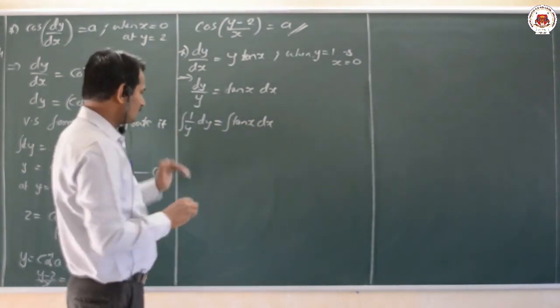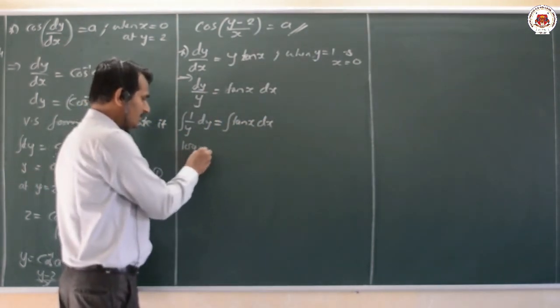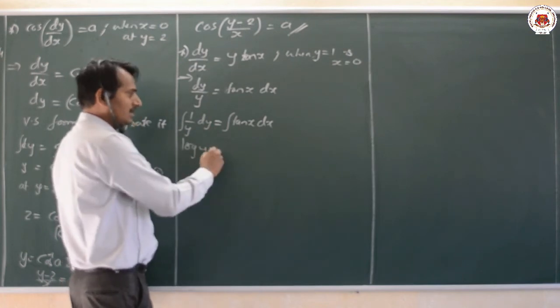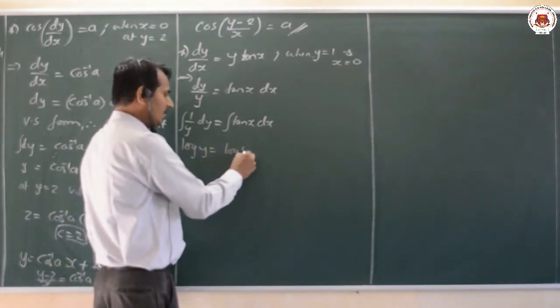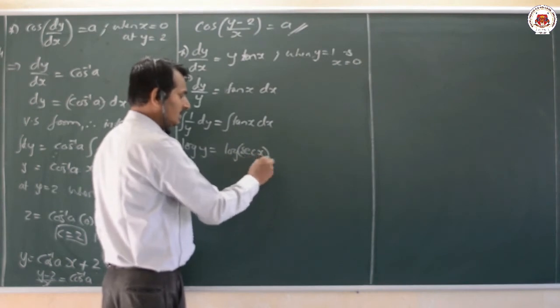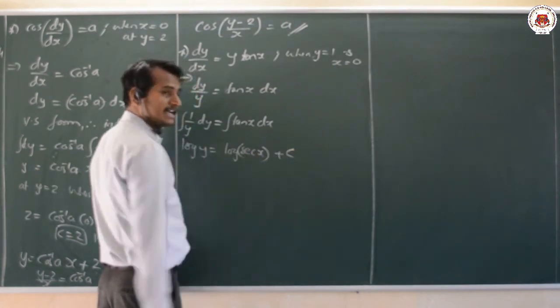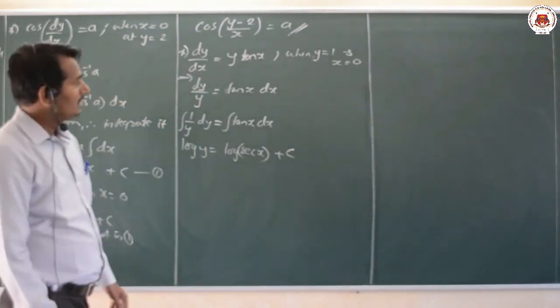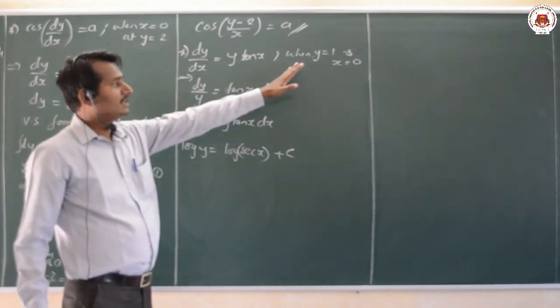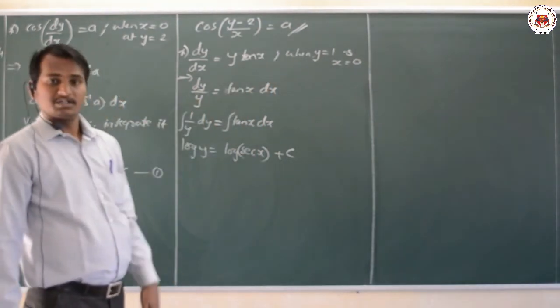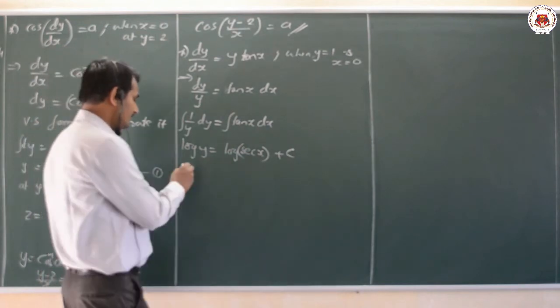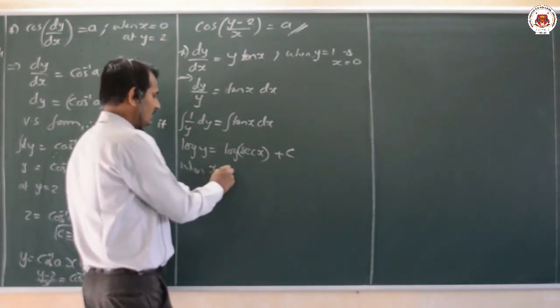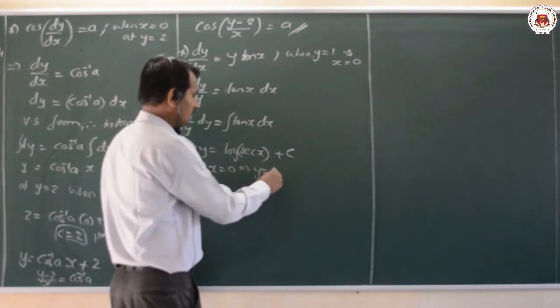Now what is the integration of 1 by y? That is nothing but log y. The integration of tan x is nothing but log of secant x, plus an integral constant c here. Now by making use of the given condition, I need to find the c value. When x equal to 0, y is equal to 1.